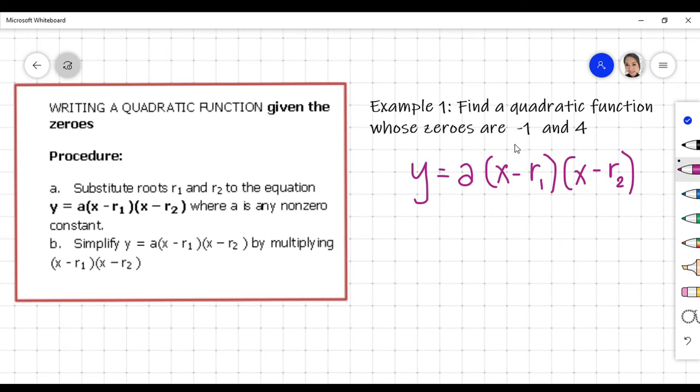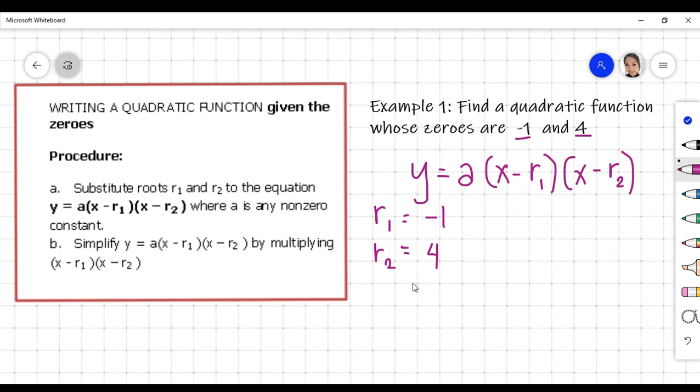So our zeros here, so we have to find the equation of our quadratic function if we have the zeros negative 1 and positive 4. So we have to assign which is our r sub 1 and our r sub 2. So let's denote negative 1 to be our r sub 1 and positive 4 as our r sub 2.